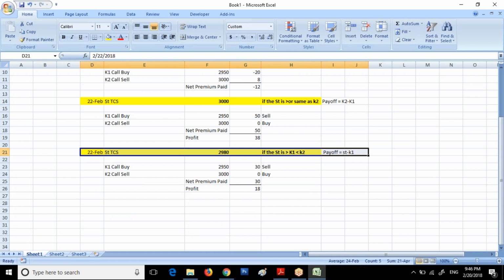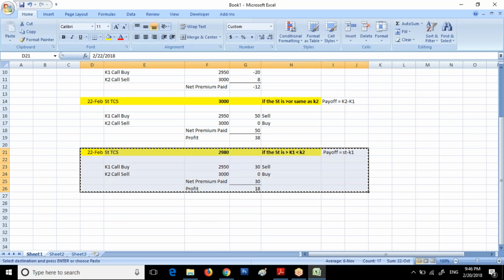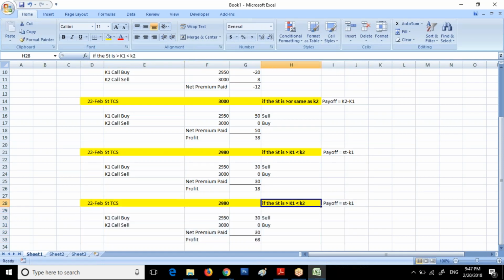Now there could be a third situation: what if the price increases beyond 3,000? Let's say the spot price goes to 3,200.